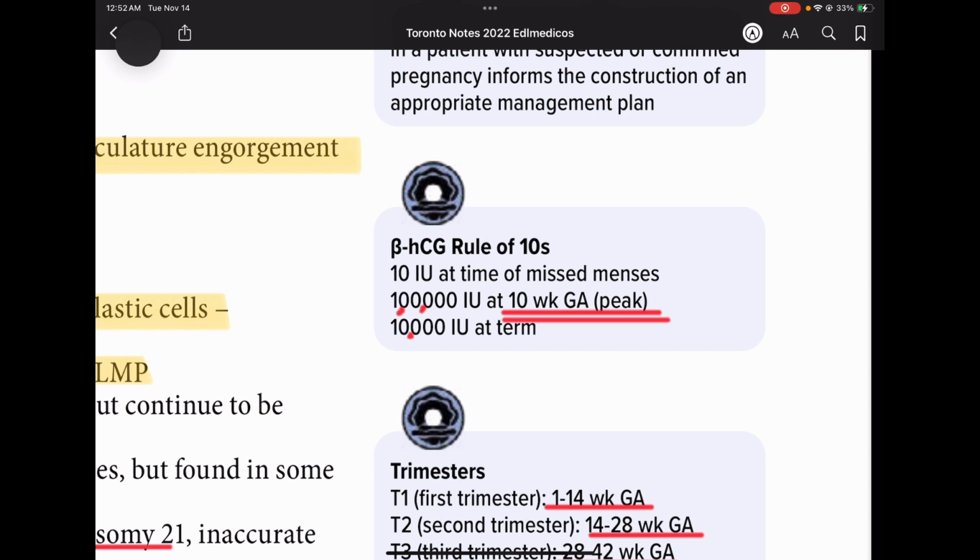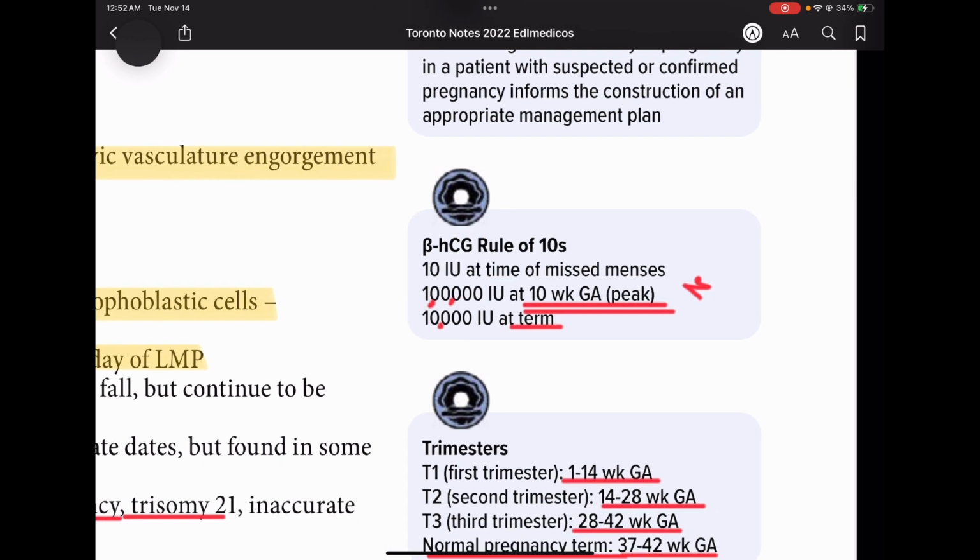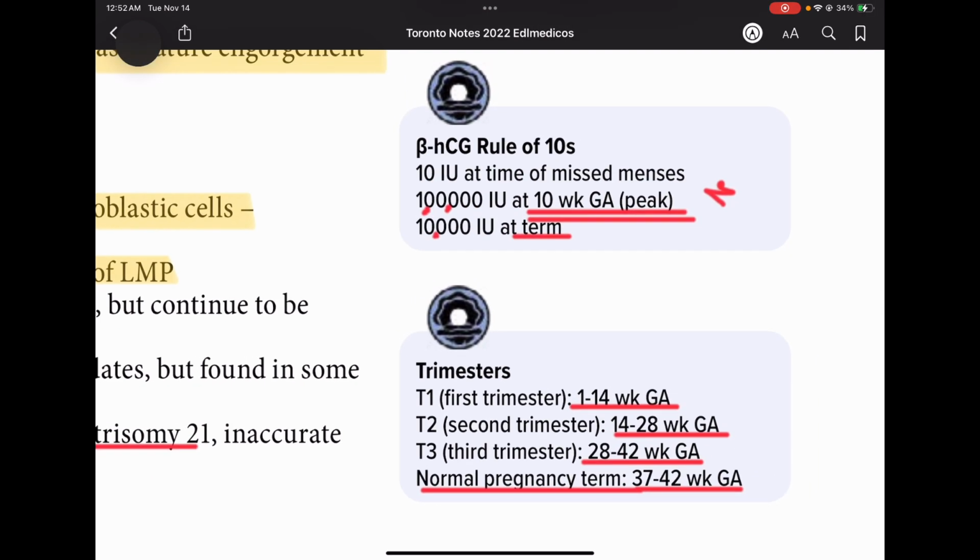But at 10 weeks of gestational age, which is the peak, it would be 100,000 international units, and at term it would be around 10,000 international units. So there's a peak, but it is still there till term, though it would be decreased to 10,000 international units.